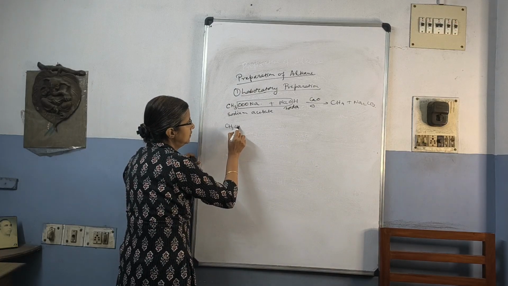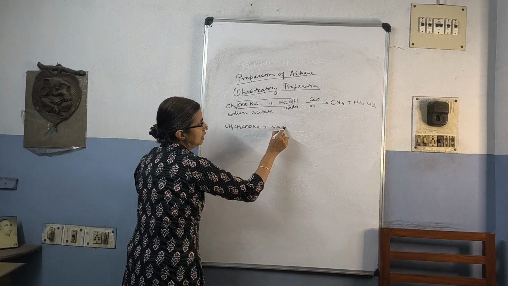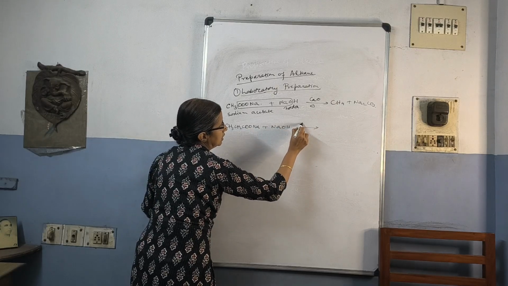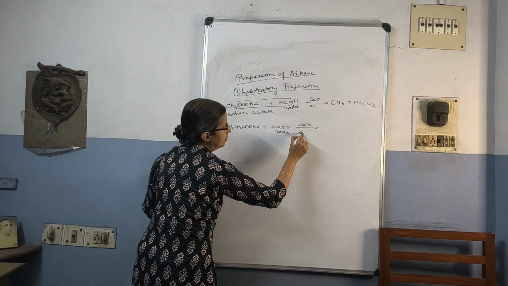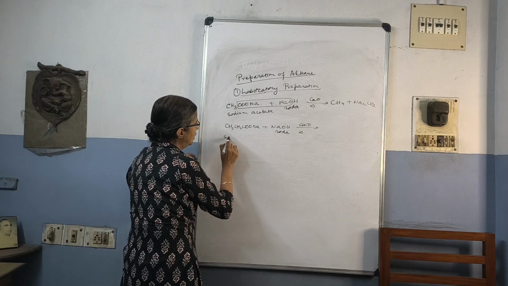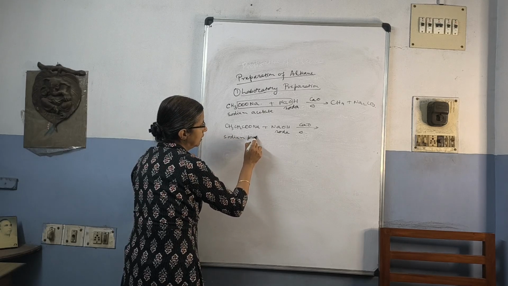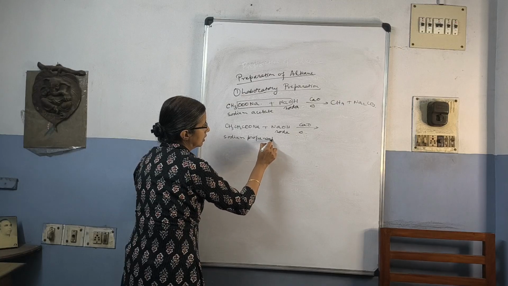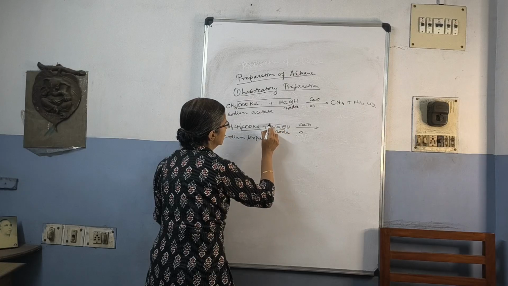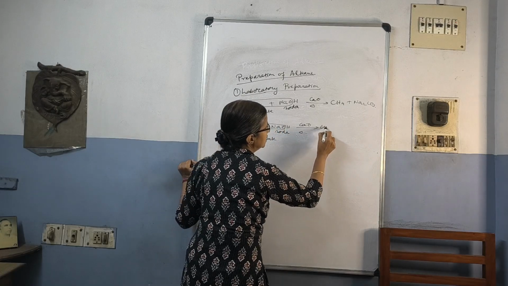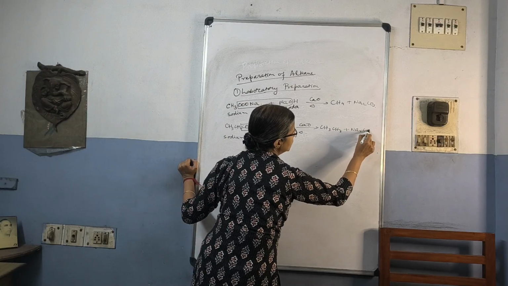Then CH3CH2COONa plus NaOH, that is CaO, soda lime, heat. This is called sodium propanoate, that is CH3CH3 plus Na2CO3.